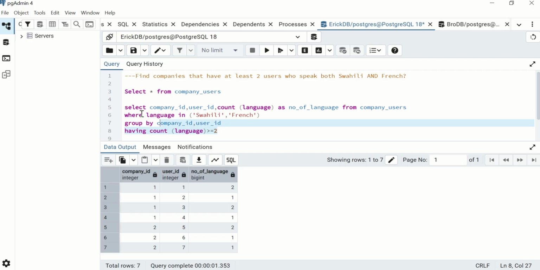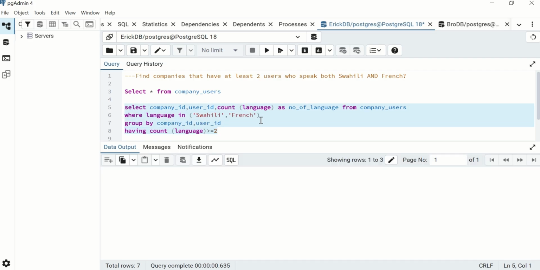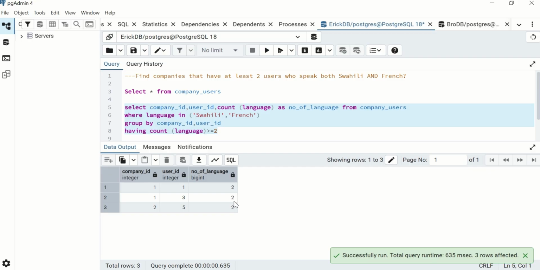We can run it, and we only have the users who speak 2 languages.